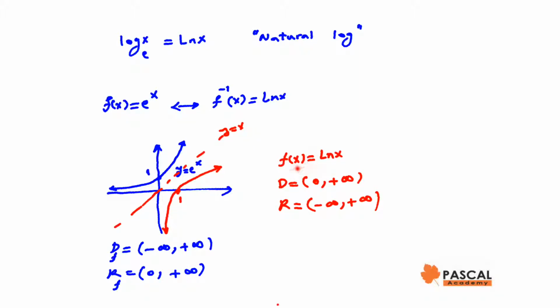The domain of f of x equals ln of x is the same as the range of y equals e to the power of x, and its range is the same as the domain of y equals e to the power of x. Therefore, the domain of ln of x is all positive numbers, and its range is all real numbers. The y-axis is the vertical asymptote of f of x equals ln of x.